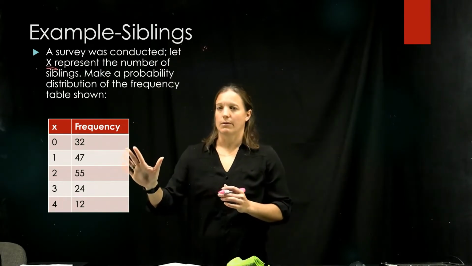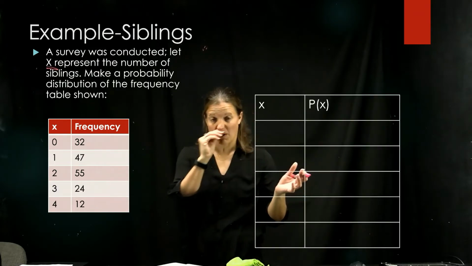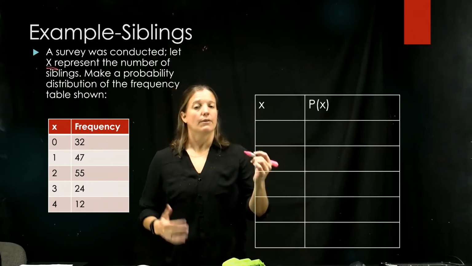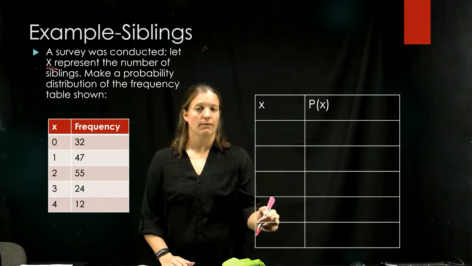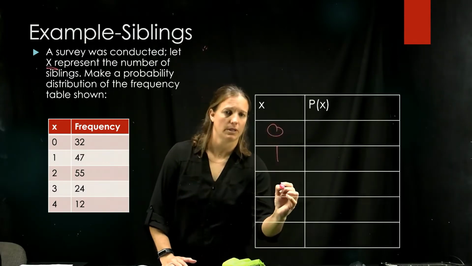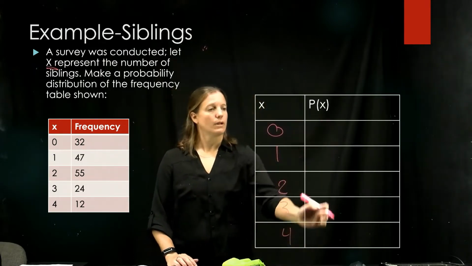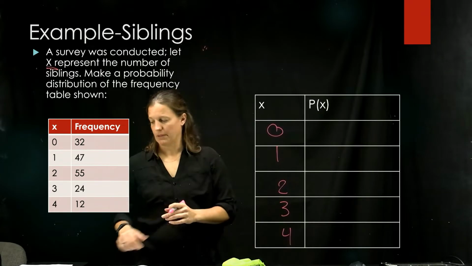So what we're going to do now is take this frequency table and change it into a probability distribution. The tables look quite similar. We're still going to have our list of X values over here: 0 siblings, 1, 2, 3, and 4. And over here, we're going to have the associated probabilities.